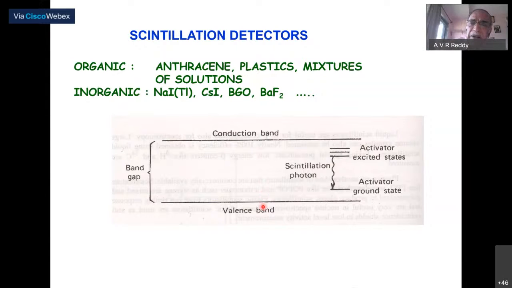So for the entire phenomenon, radiation has to interact, and for that you need a reasonably high Z material. Iodine meets that requirement in sodium iodide thallium. Then the de-excited photon, which is the primary signal, has to be compatible with the PMT. For that, activator atoms have to be added, so steps are increased, and it is compatible, but because the number of steps involved is more, resolution becomes poor.